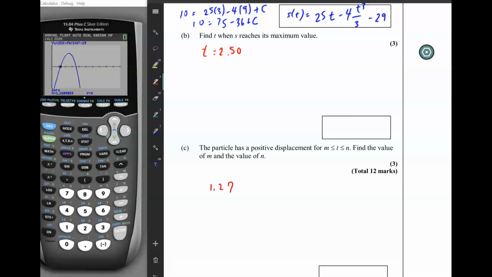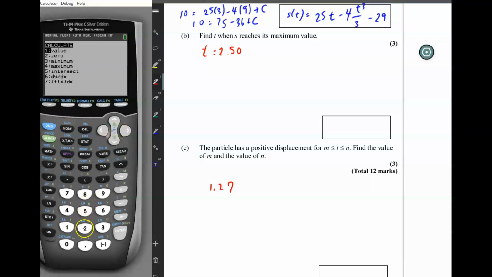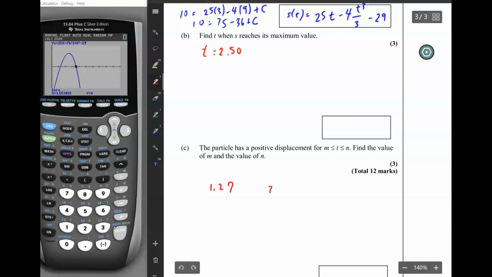And the second place it crosses 0 is second calc 0. And then the left bound we could put like 3. And the right bound we could put like 4. And then I do guess. And the second 0 point is 3.55. Okay?